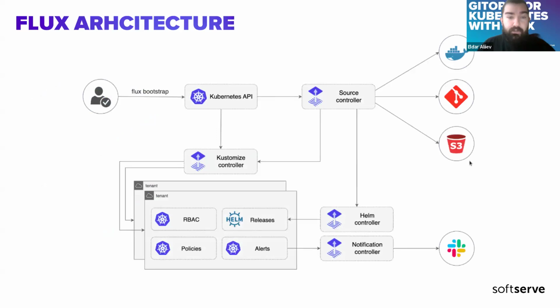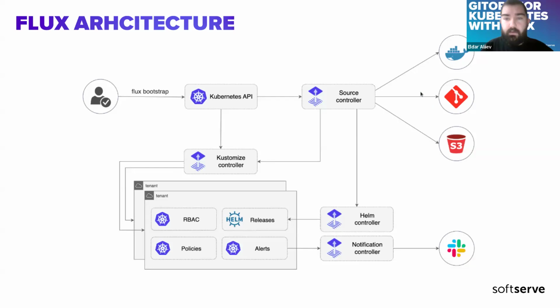What about the architecture? Flux has 4 main controllers and 2 additional controllers. Let's check this general schema and then meet the rest of the controllers one by one. When you bootstrap your Flux ecosystem to Kubernetes, it will point to the source controller to grab any artifacts or necessary information from the sources.